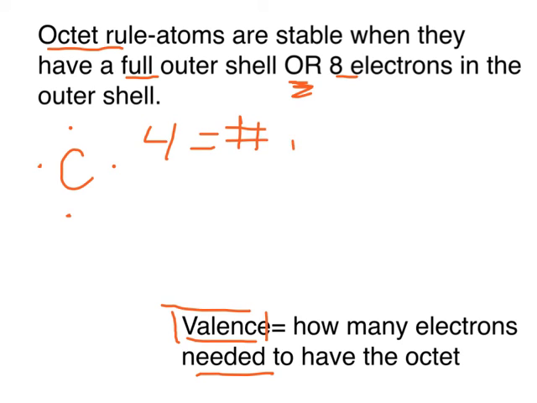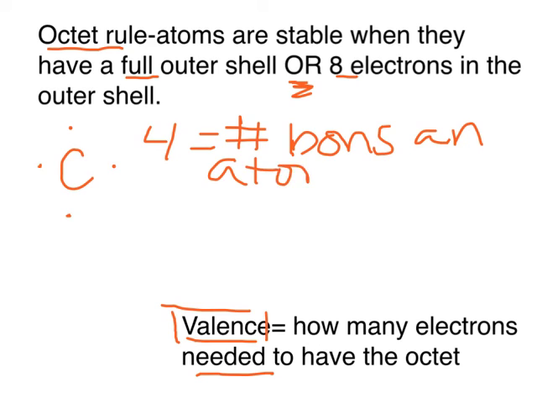So valence tells you the number of bonds an atom will make. You can do this with nitrogen and oxygen as well. You'll get something very similar.